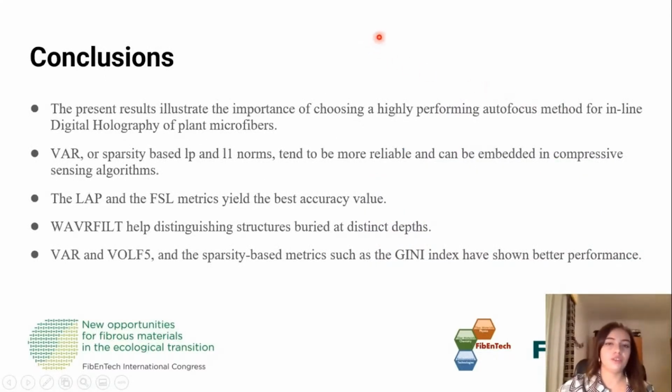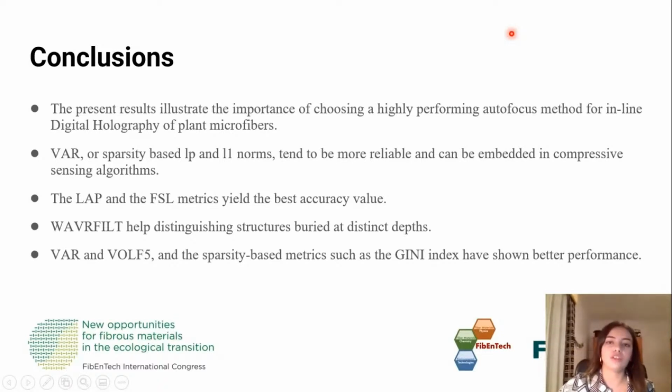So, in conclusion, the present results illustrate the importance of choosing a highly performing autofocus method for inline digital holography of plant microfibers. The nature of each tested sample has an impact in this choice, with the diversity of feature size and axial location of different objects within the sample leading to stronger differences between focus criteria.